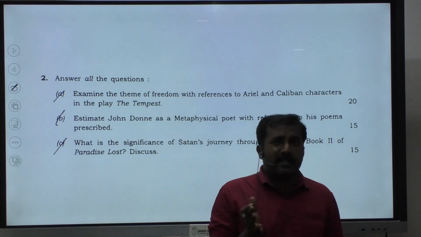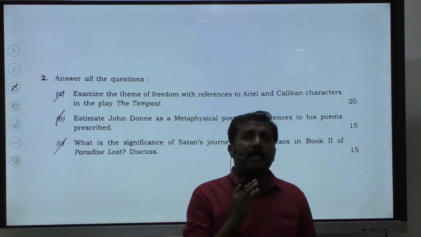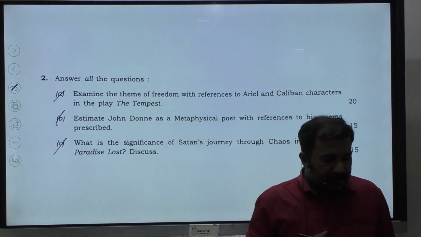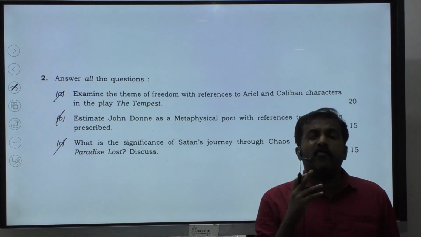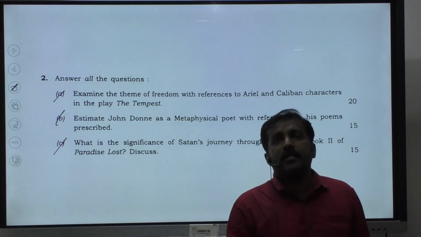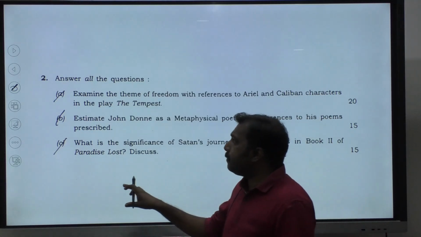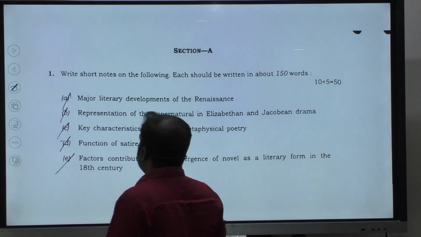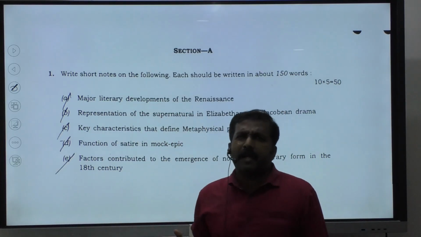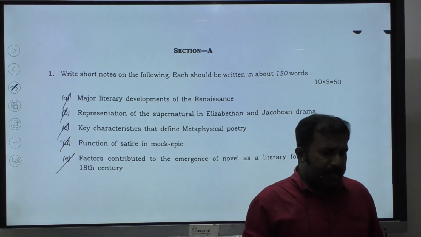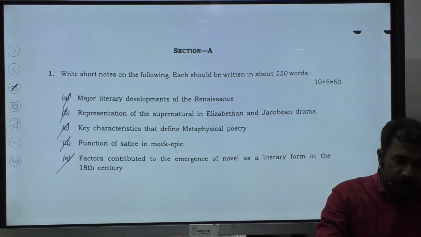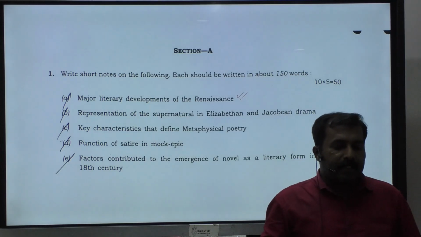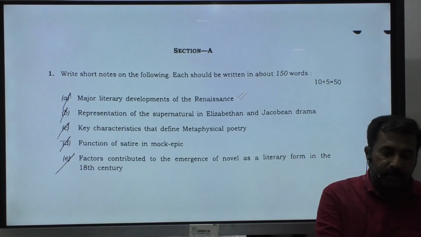In every answer we can give relevant examples, like William Caxton's work, Shakespeare's words and phrases. So this is the first question in section A. Comparatively, it's a repeated question, all are repeated questions. So the next question we can discuss: representation of the supernatural in Elizabethan and Jacobean drama.